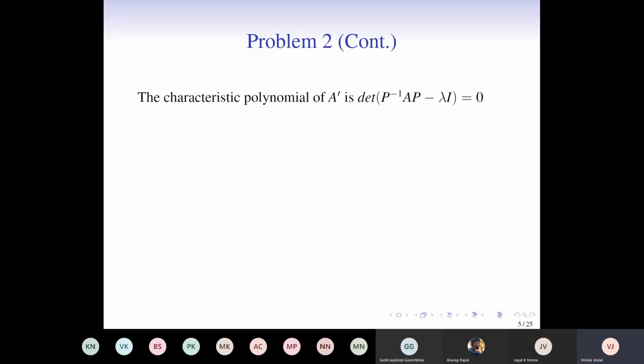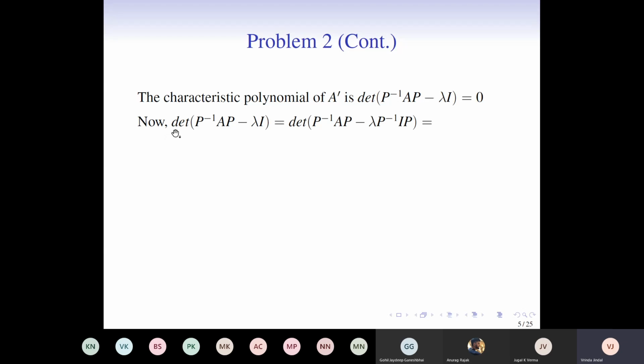So in order to prove that two matrices have the same eigenvalues, we just prove that their characteristic equation is the same, and the characteristic equation is basically equating the characteristic polynomial to 0. So for A dash, we have the determinant of P inverse AP minus lambda I, because A dash by definition is P inverse AP, since A and A dash are similar.